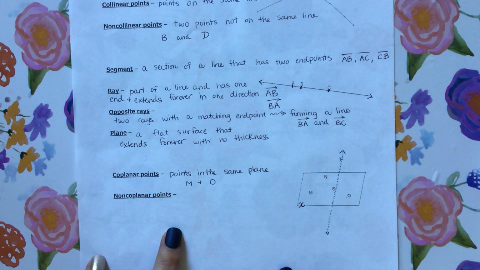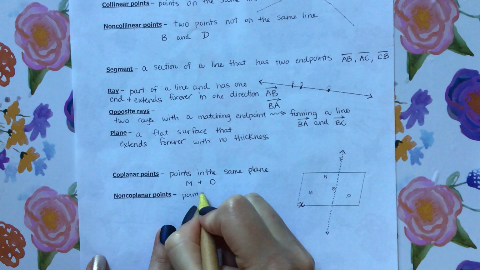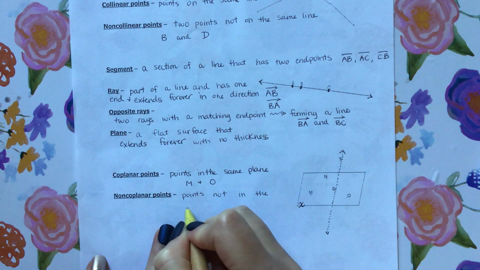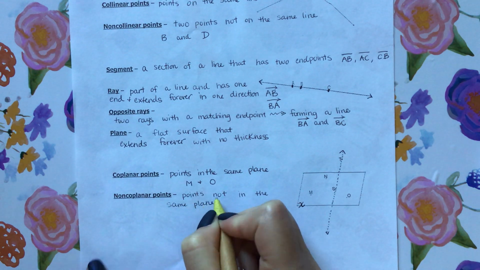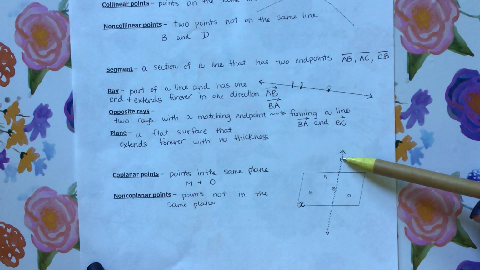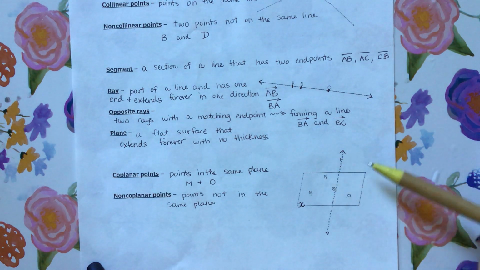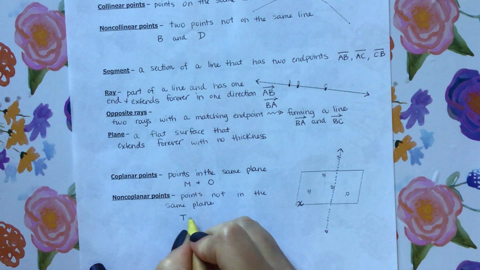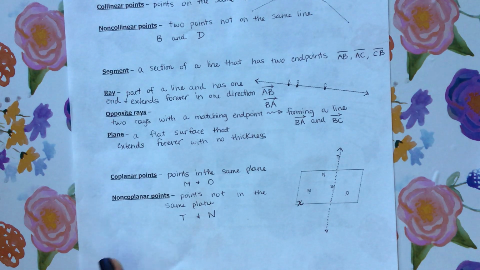There we go. Non-coplanar points would be points, once again, not in the same plane. So an example of that, T is way up here above this plane. And so maybe T and N would be a good example of that. So T and N are not coplanar points.